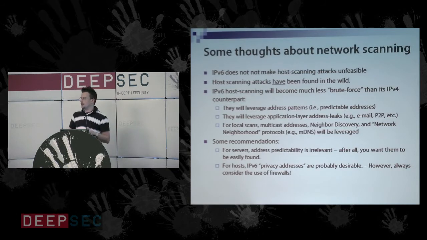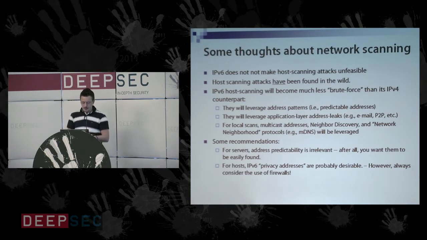You could, for example, build some kind of tool that searches online mailing list archives on the internet, and usually if you take a look at the email headers, you could find V6 addresses there. So there are quite a few techniques that you could exploit to actually do host scanning.